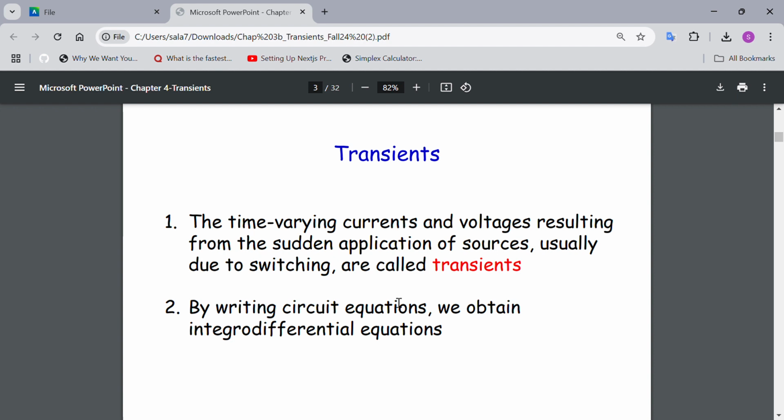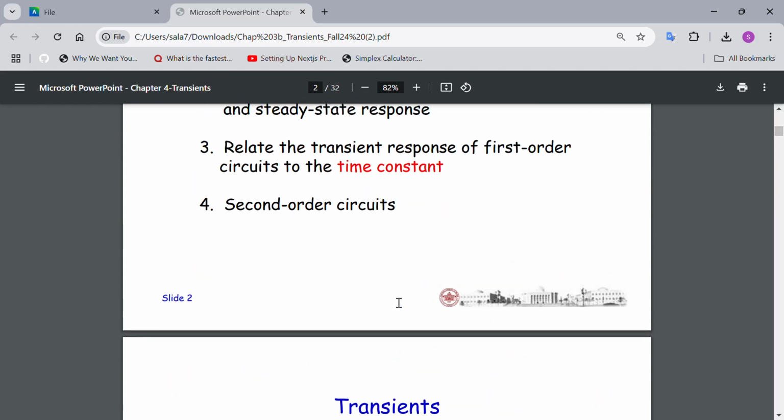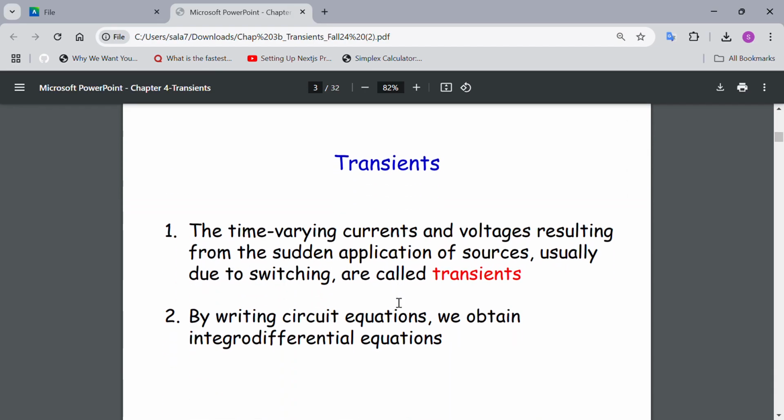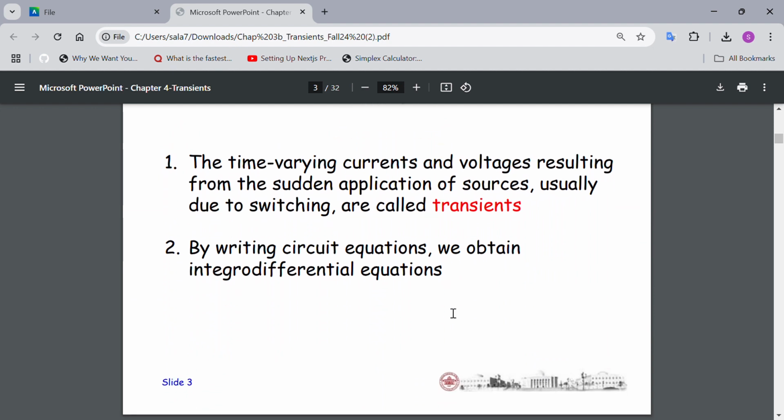These will include integrals and differential equations in one equation, and through manipulation of the equations, we can write them as a single differential equation of second order or maybe third order. It's mostly second order circuits that we're going to have.